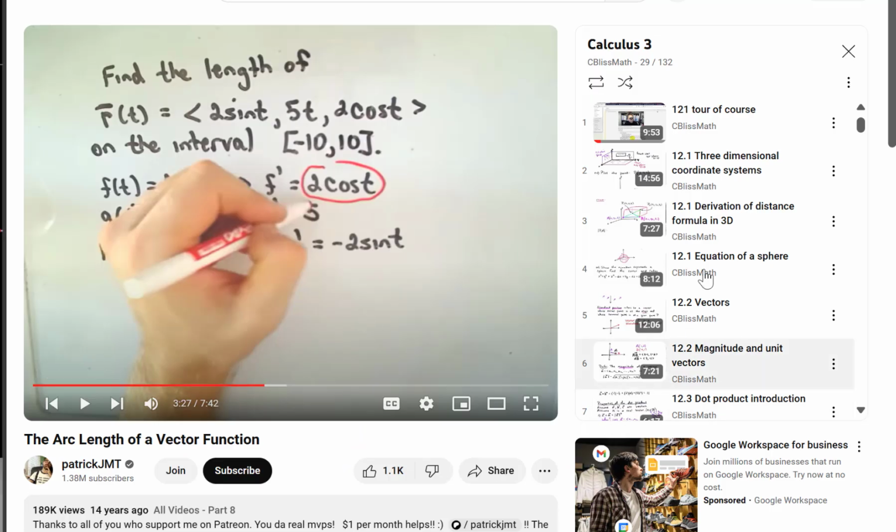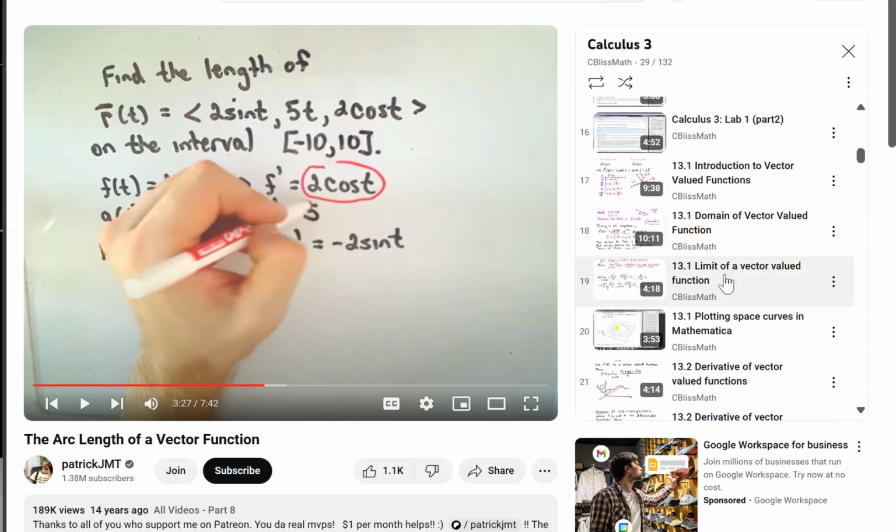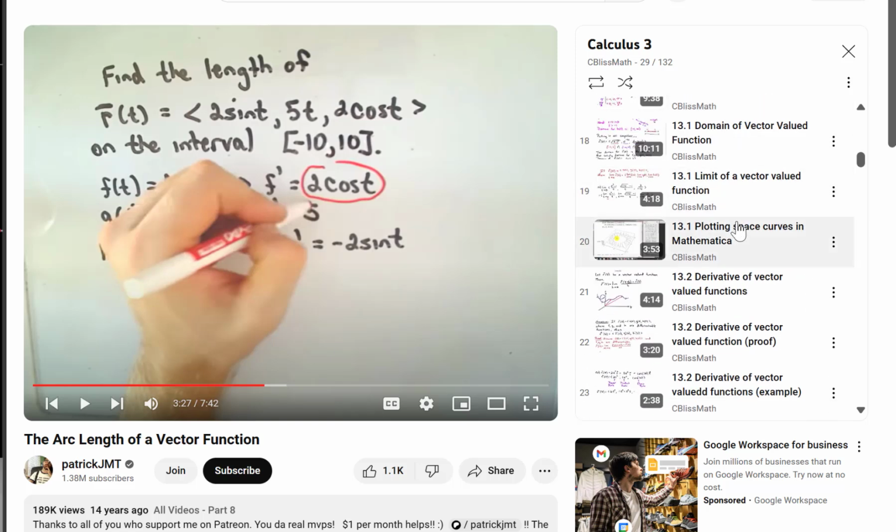So this is the C Bliss Math channel here on YouTube, and I have a Calculus 3 playlist. Now, some of the section numbers correspond to a different textbook, but the topics are the same. So if you were to scroll down in here, there is a whole section on vector-valued functions. Really great videos in here. I think they're very clear and down to earth.